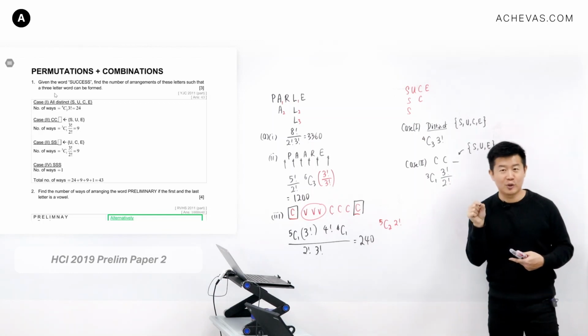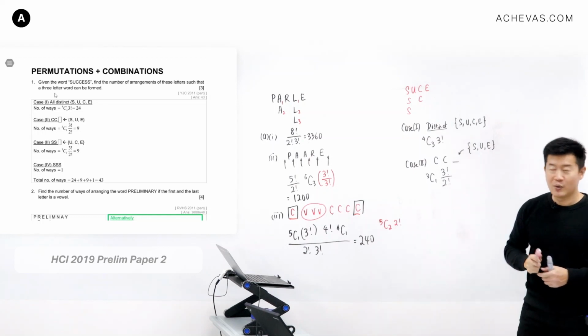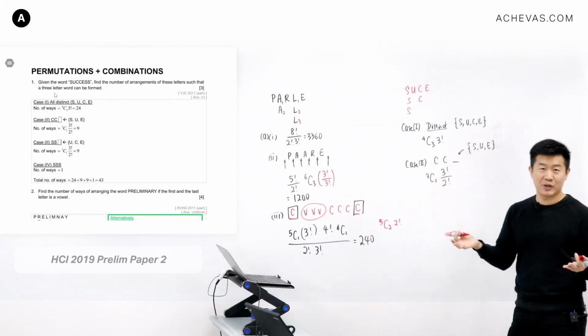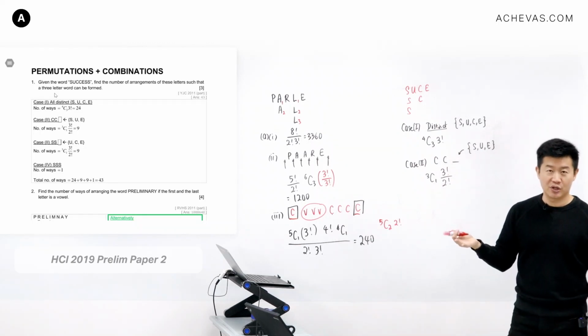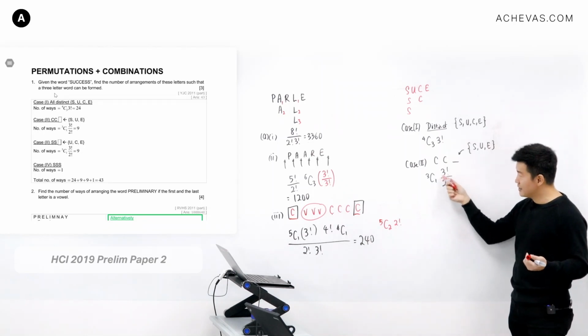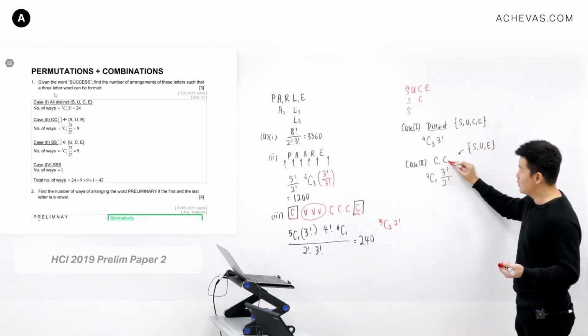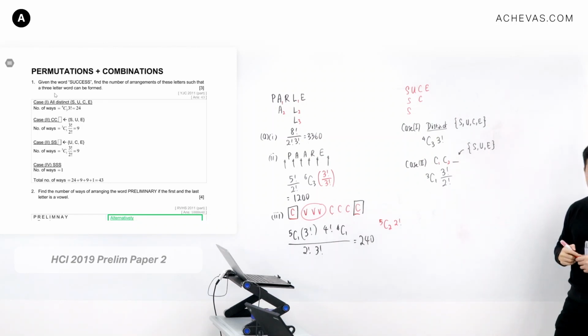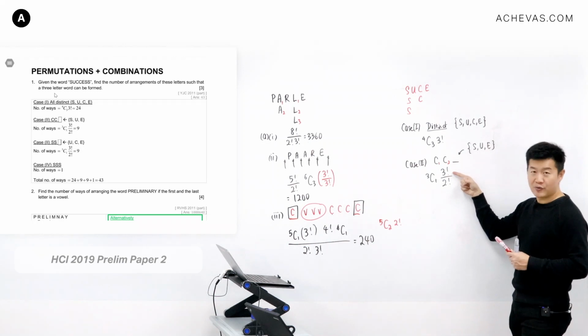Because doing this 3 factorial is already strange by itself. We have a C, C, and a S or U or E. So this letter is distinct by itself. Then CC is weird, right? CC shouldn't be arranged, which means that this 3 factorial, when it is executed, you are seeing this as C1, C2, and then another letter here that is distinct, which allows us to do a 3 factorial.